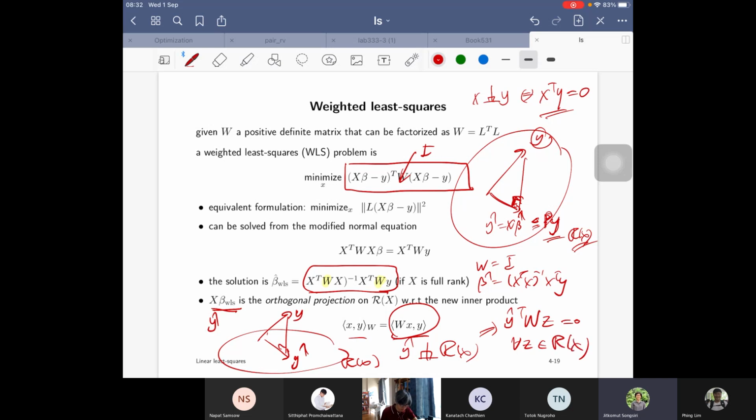This is the new inner product that is associated with the matrix W.